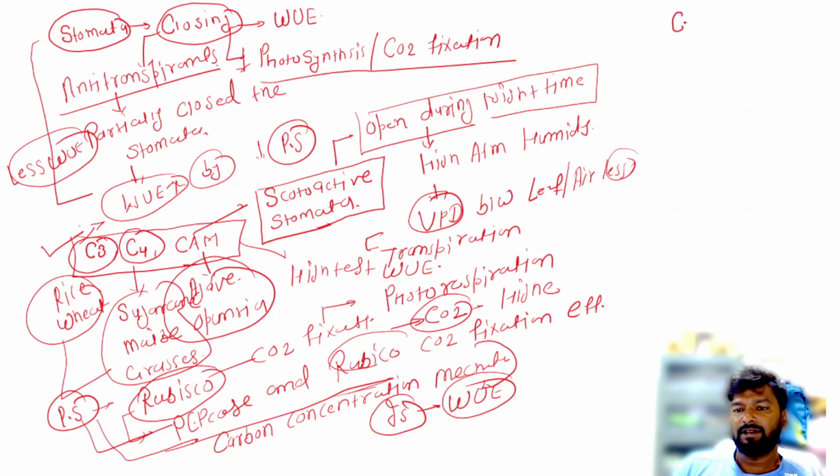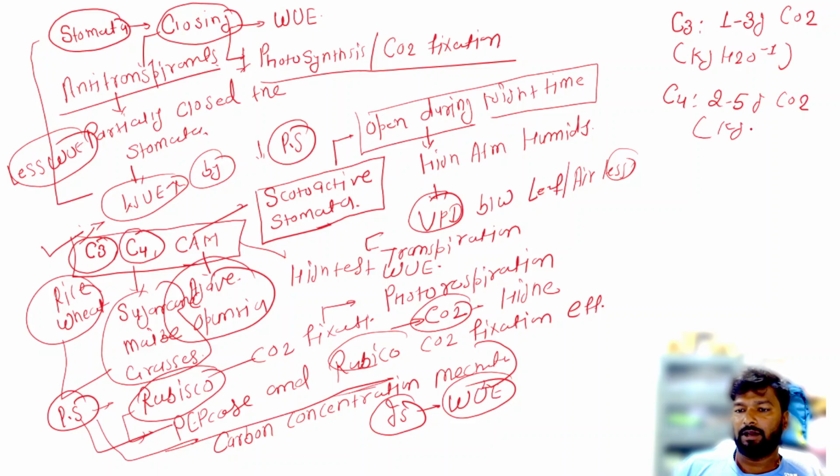the water use efficiency for C3 plant is near to 1 to 3 gram of CO2 per kilogram of H2O. Okay. For C4, the value will be 2 to 5 gram of CO2 per kilogram of H2O. And for CAM plant, this value varies from 10 to 40 gram of CO2 per kilogram of H2O.